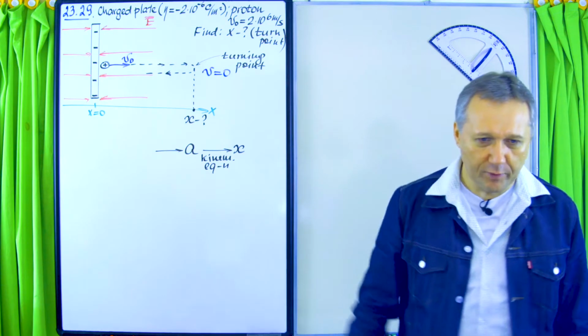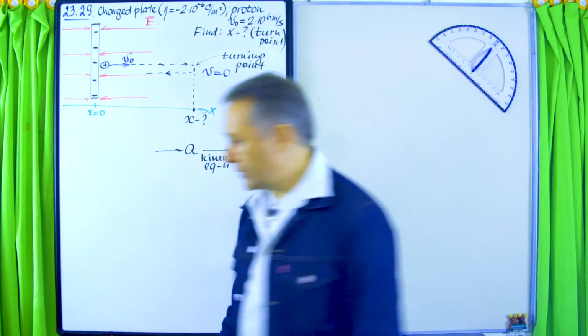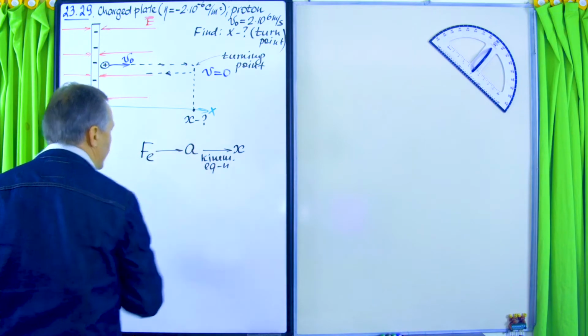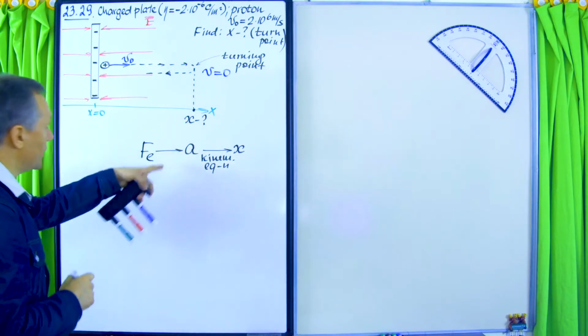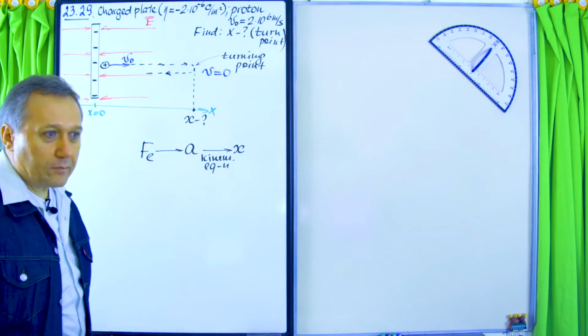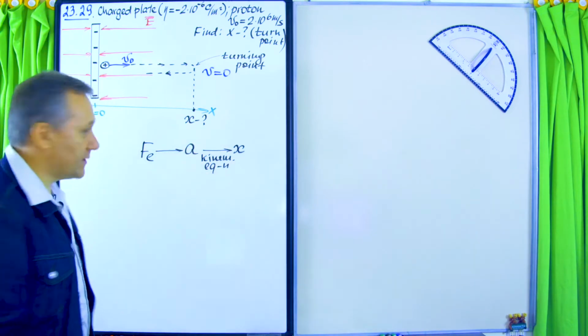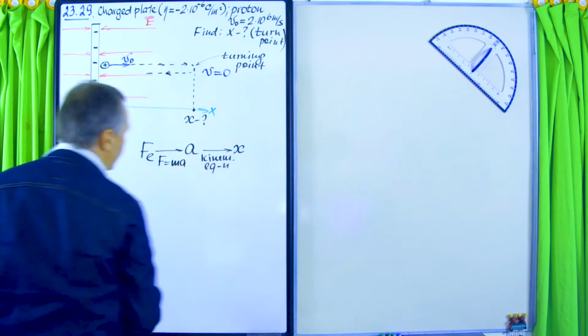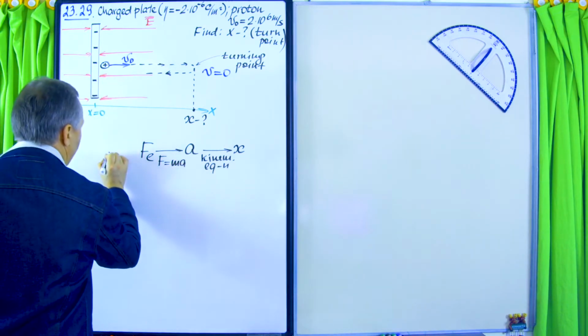Gravity, of course, we can forget. Gravity in this case will be way, way smaller, right? So we need information about the electric force, and Newton's second law will allow us to make this step. So F equals ma.